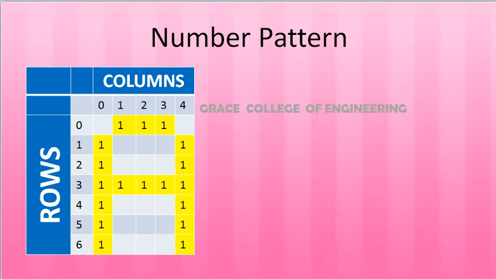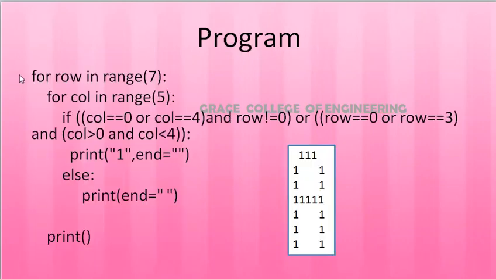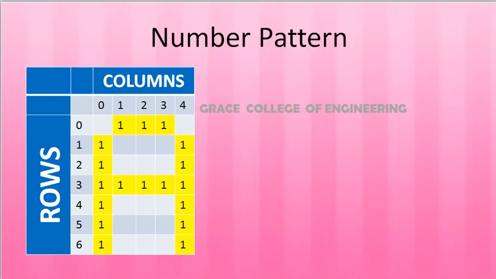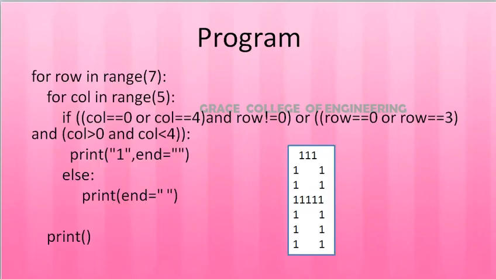Let's see the program. For columns you want to write a separate for loop, and for rows also a separate for loop, because iteratively one will be printed. So the first for loop is for rows.